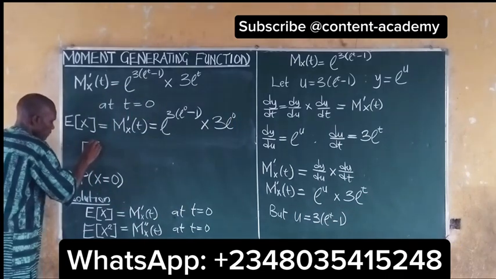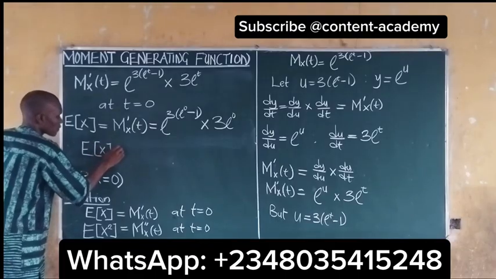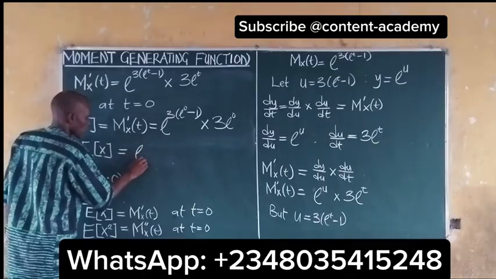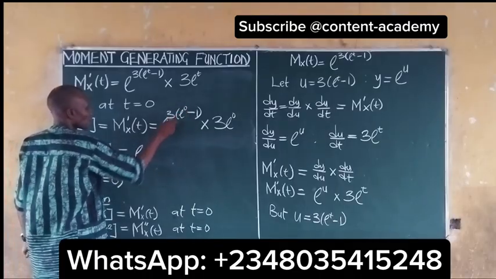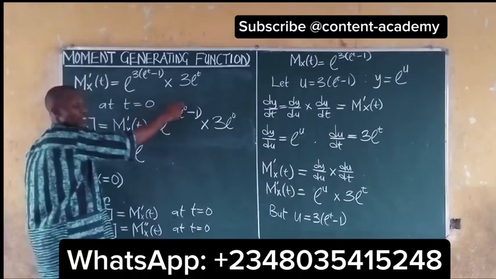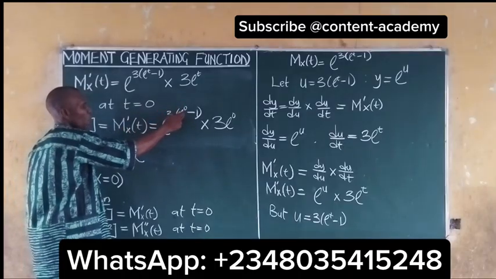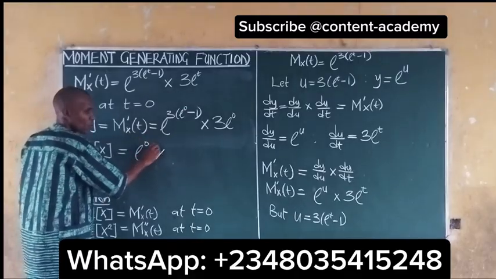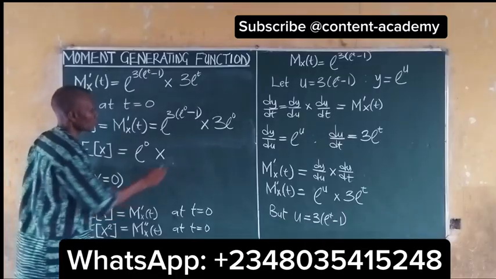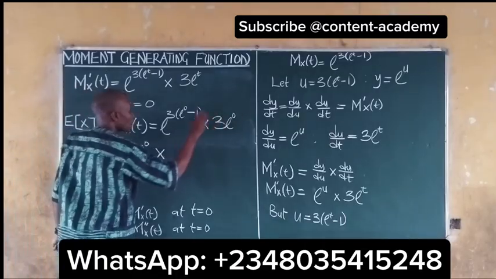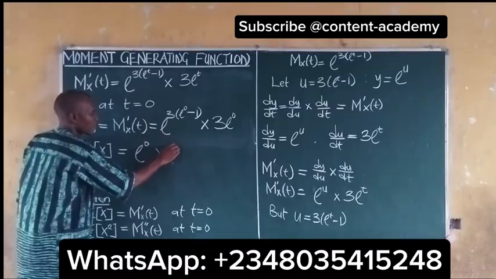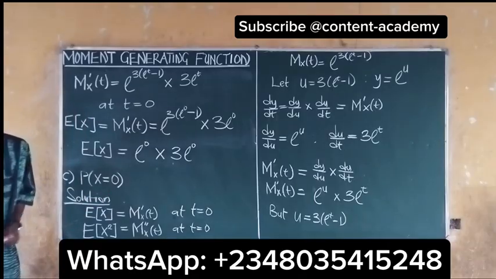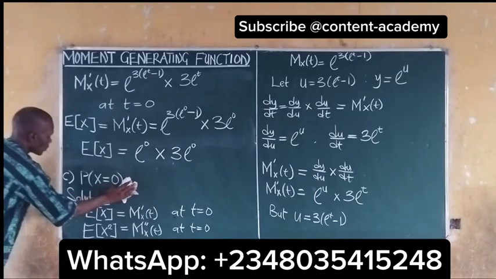It then means that our expected value of x is equal to exponential of 0, because anything raised to the power of 0 is 1, so 1 minus 1 is 0. So we have e raised to the power of 0, which is 1, multiplied by 3e^0. We'll later come to this.